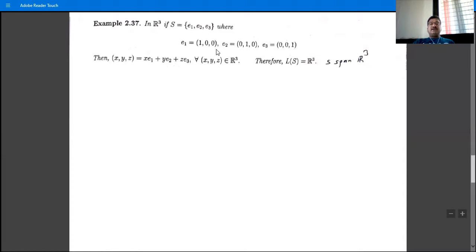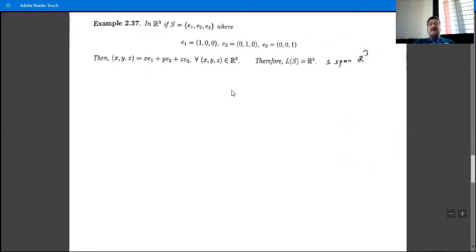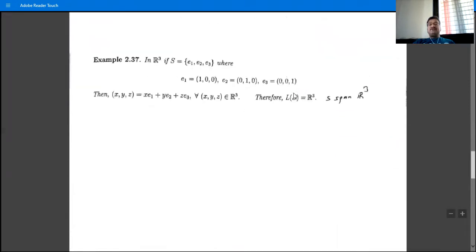Therefore, if the set is S, we say that S spans R3, or L(S) is equal to R3. We say L(S) equals R3 when every vector of R3 is expressed as a linear combination of e1, e2, e3.